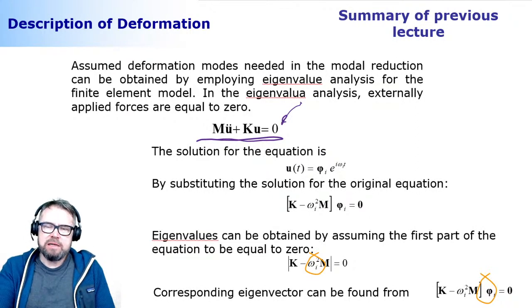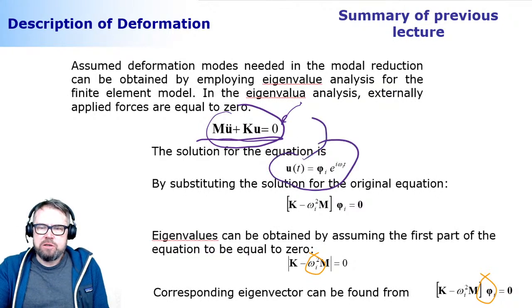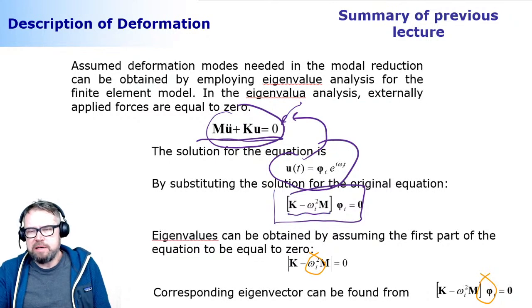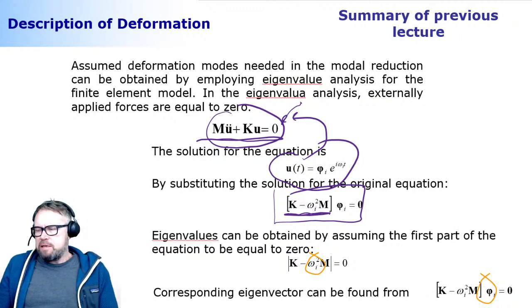When I'm looking at this particular equation here, I know that there is an analytical solution which can be written like this one here. Once this solution is substituted here, the equation can be written like this. Now, what you do then is first solve this part of the equation by solving the eigenvalues, which can be considered as the resonance frequencies of the structure.